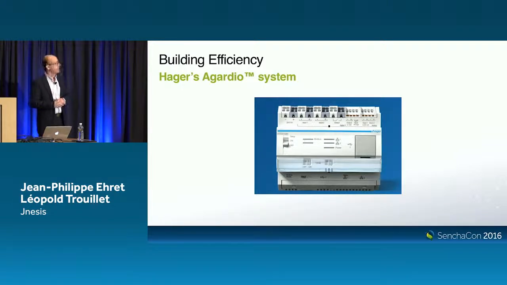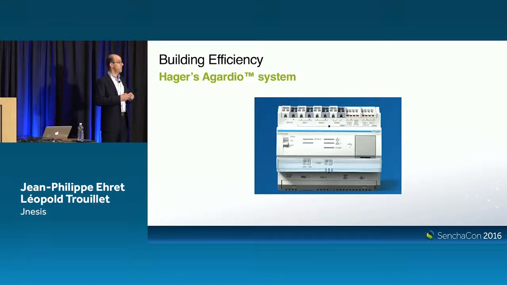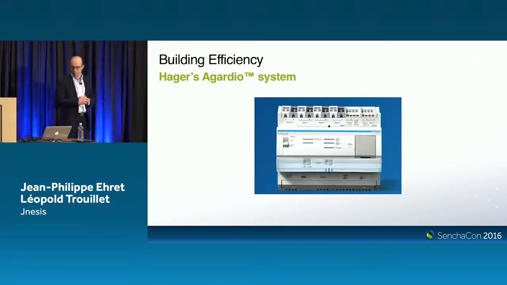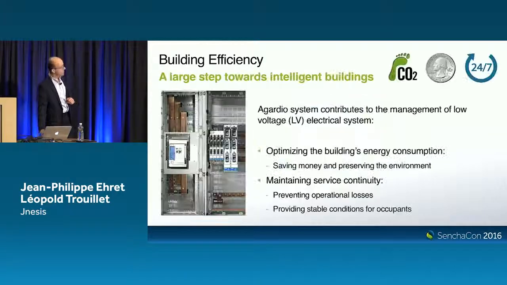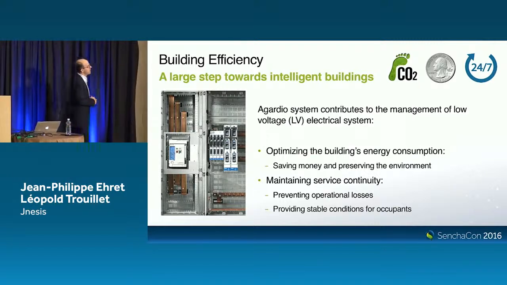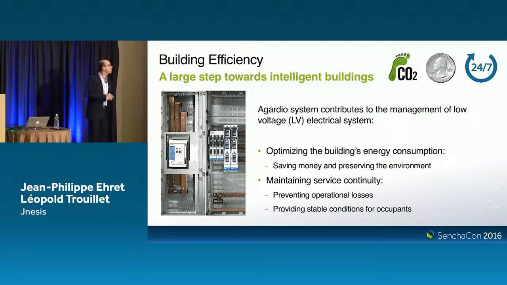So this piece of equipment is supposed to equip large facilities or buildings. This box is called a Gordius system, and as I said, it's supposed to help operators optimize the building's energy consumption.